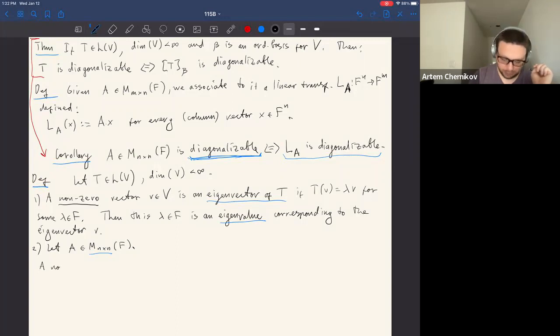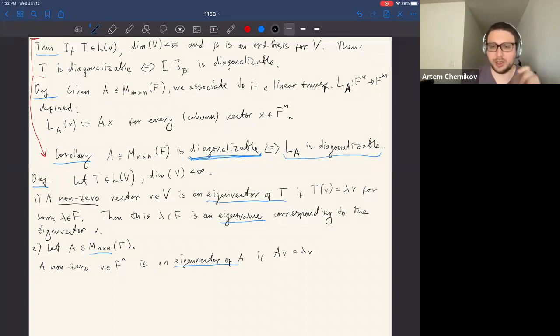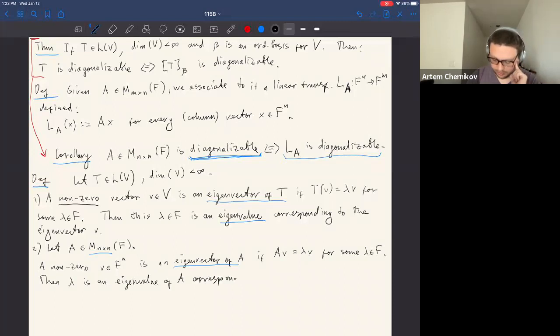A non-zero vector V in the space Fn is an eigenvector of A if multiplying this vector by the matrix is the same as simply multiplying the vector by a scalar lambda for some lambda in F. And in this case, again, we say that lambda is an eigenvalue of A corresponding to V.